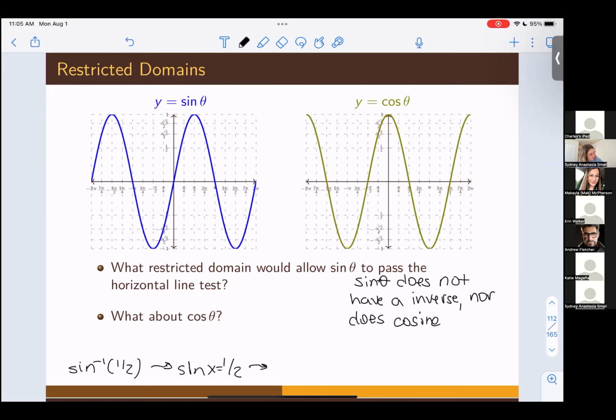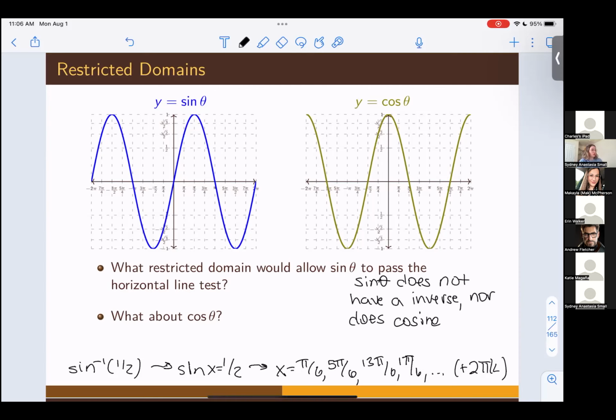Well, that means that x could equal pi over 6. Pi over 6 has a sine of 1/2, but so does 5 pi over 6. So does 13 pi over 6, 17 pi over 6, etc. And if you remember, we denoted this forever continuation with the plus 2 pi k.